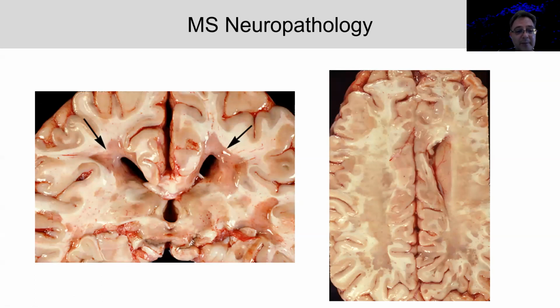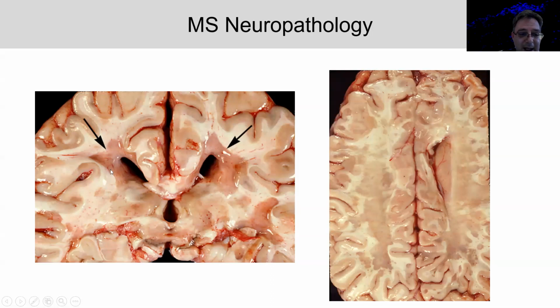MRI. But in post-mortem analysis, what we can classically see is this graying of the white matter area. So in the middle here is all the white matter, which is the myelinated fibers. On the outside is the cortex, where all the neuronal bodies are in the brain. And what you can classically see here is that there is all this grayed area, which is the scar of the demyelinated lesion in the MS brain.